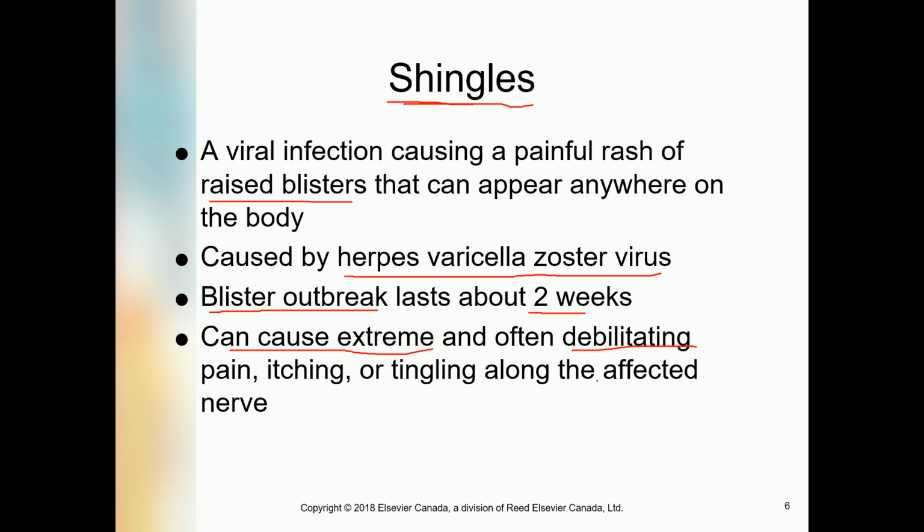Itching, tingling along the affected nerve, because the main reason for the long period of continuous pain is the involvement of the nerve, in which the pain is very permanent. It doesn't go away easily. When a nerve is involved in any pain, it is very bad pain.